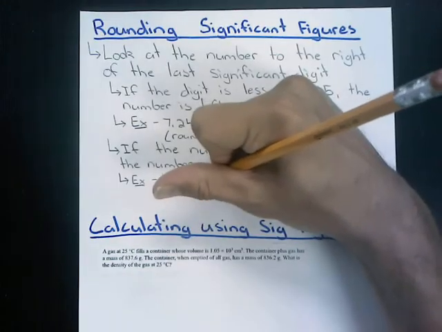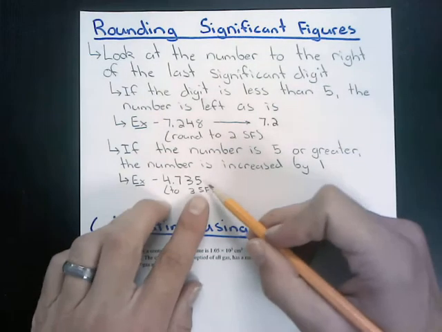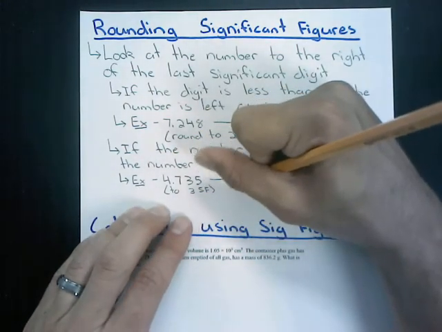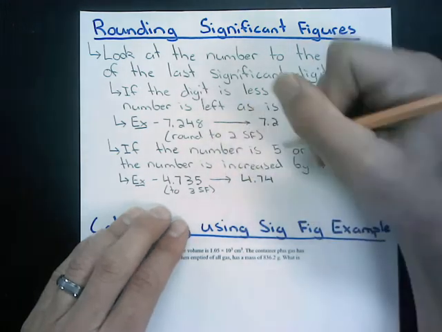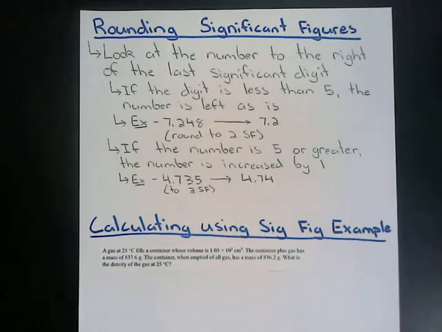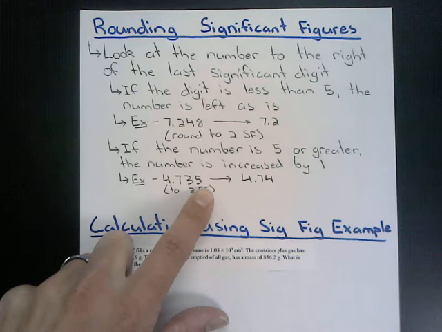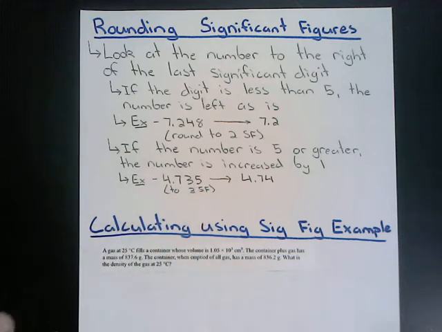Because we're rounding to 3 digits, and this is a 5, it would increase to 4.74. Now, there's one major exception here, and we don't see it very often: say we're rounding to 3 sig figs, and we have 50 behind it. That means it's exactly at 50, so the number actually stays the same. Some rare circumstances here. We'll work through those if we end up there.